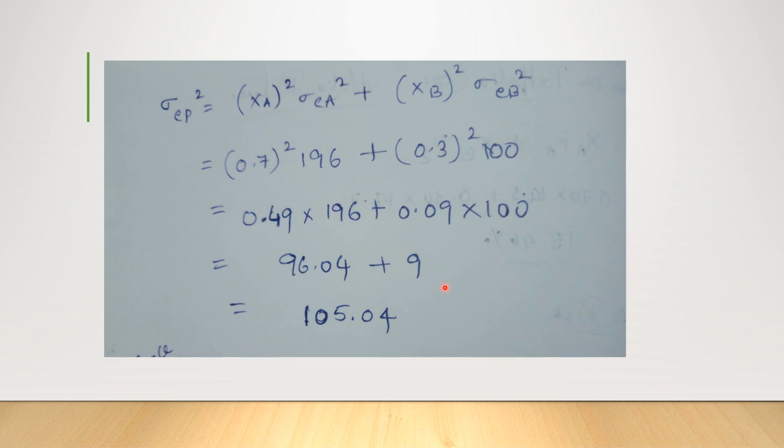After this, you have to find the non-factor variance, because in the variance formula you have to substitute EP square. That is given by XA the whole square into standard deviation EA square plus XB the whole square into standard deviation EB square, similar to the single factor model. So 0.7 the whole square into 196 plus 0.3 the whole square into 100. After the calculation, you get 105.04.